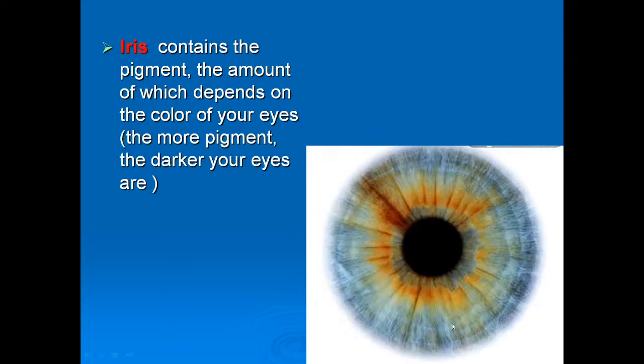This is iris, and this is pupil, the aperture in the center of the iris. Iris contains the pigment, the amount of which depends on the color of your eyes. The more pigment, the darker your eyes are.